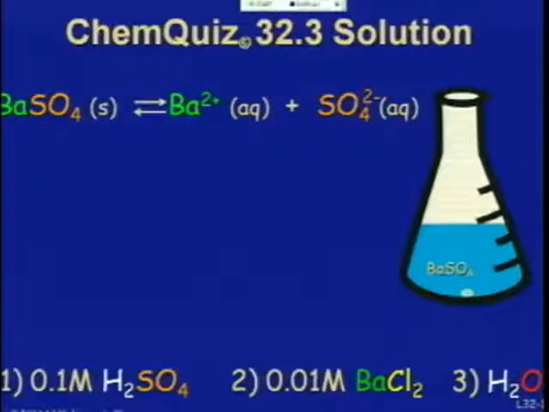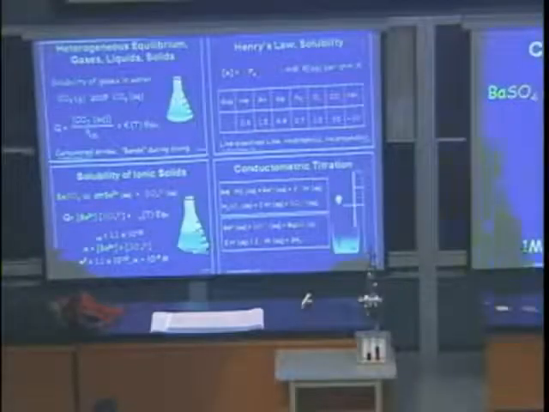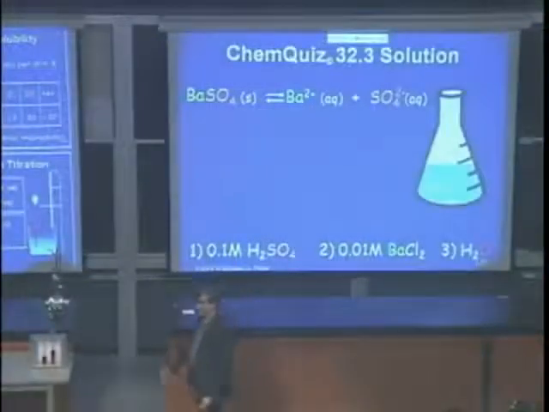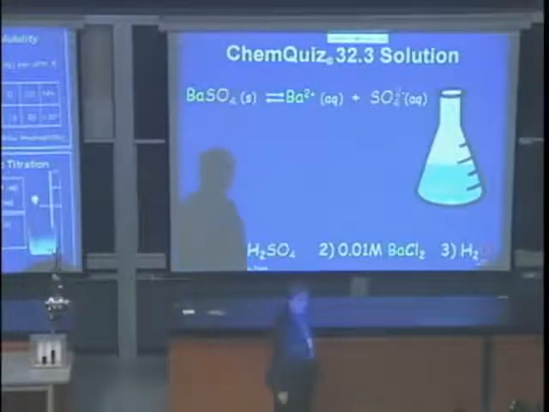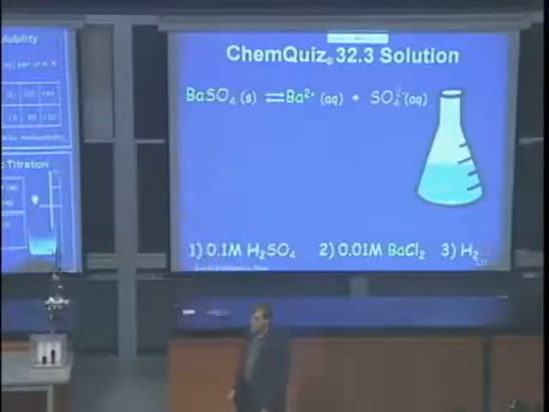That means we have very, very little of the ions and most of the solid. And the common ion effect: if I have a relatively insoluble salt, and I put some of either one of the ions in solution, I make it even more insoluble. I push the equilibrium towards the left.